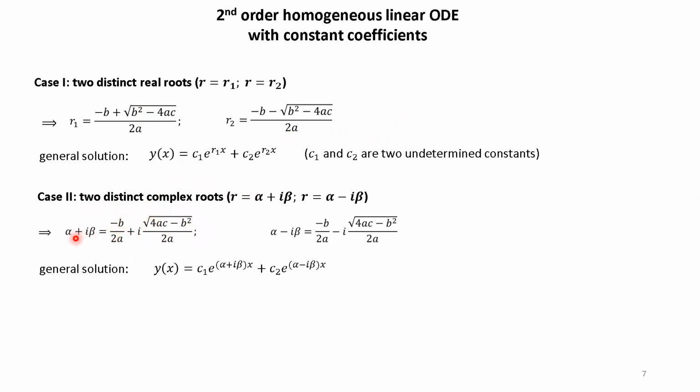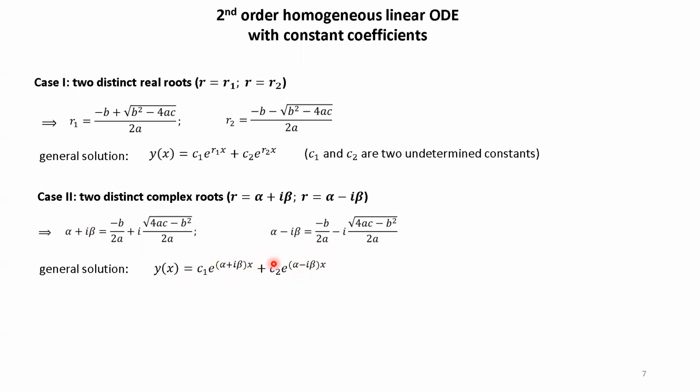So the root will be alpha plus i beta or alpha minus i beta, right? This complex conjugate pair. So then for the general solution, well, this is my R1 and this is my R2. So I just still use the same form for the linear combination.